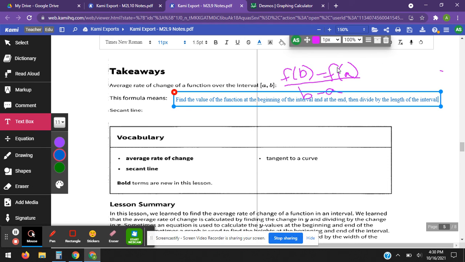So value at the beginning and the end, and then divide by the length.